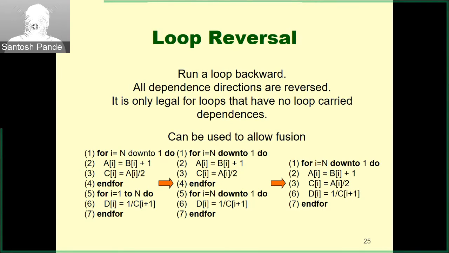So obviously we cannot fuse these, because one is going in the forward direction from 1 to n, and the second one at the top is going from n down to 1. So what we do is try to reverse the direction of the previous one, the one below. Instead of going from 1 to n, we make it go down from n to 1, and then we attempt the fusion.